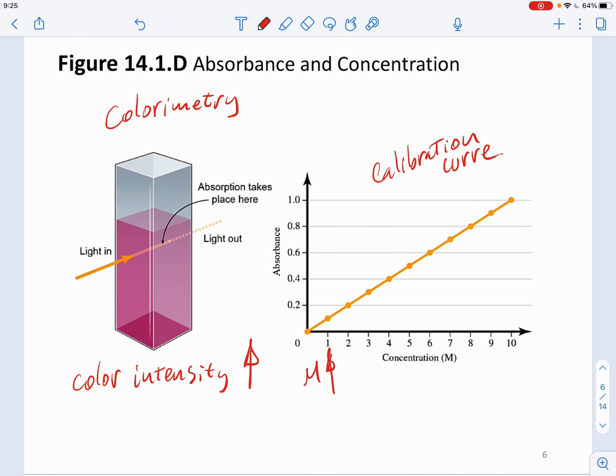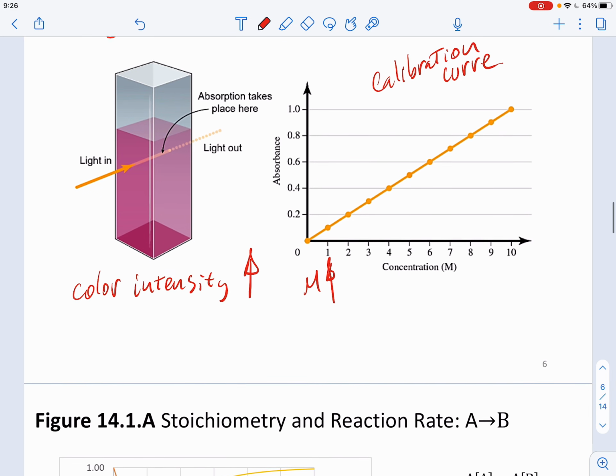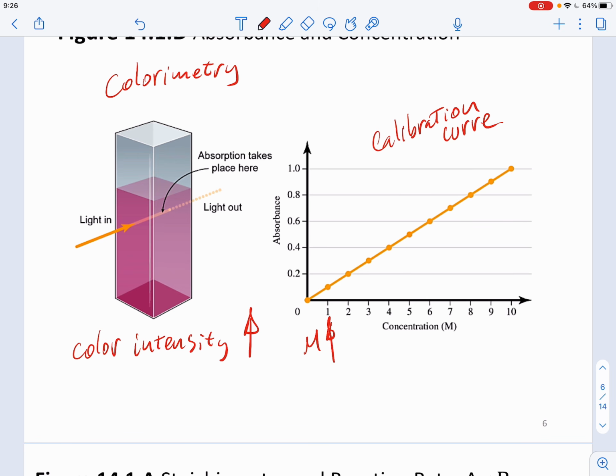Then you can relate that color with the concentration that you have, and it could be again a reactant or a product. If any of those produce a colorful solution, you can follow it by colorimetry. So the bottom line here is that you should be able to measure the concentration of at least one substance in that reaction so that you can calculate the reaction rate for it.